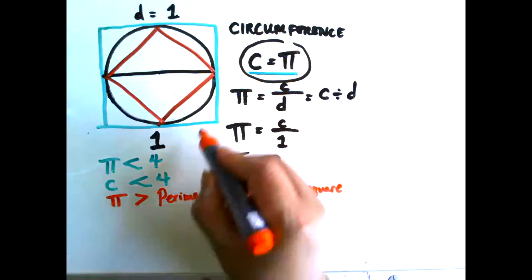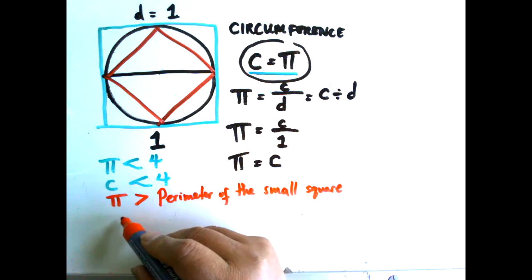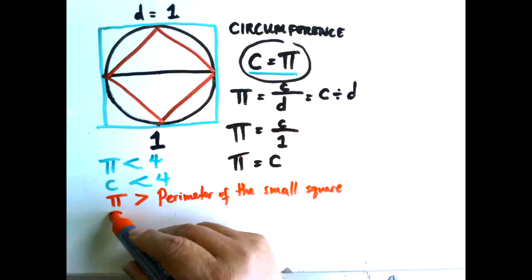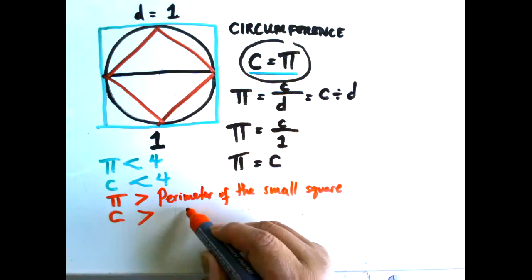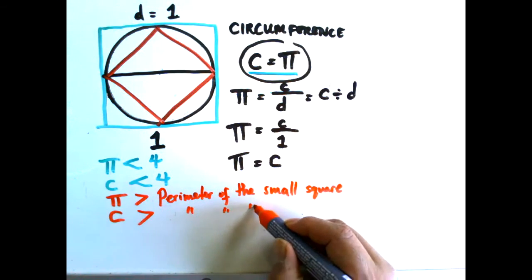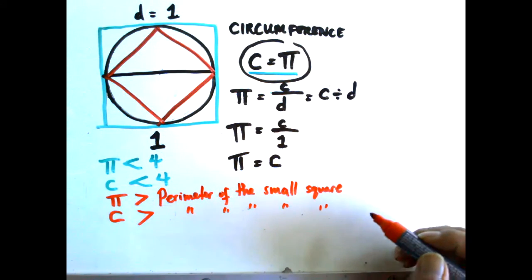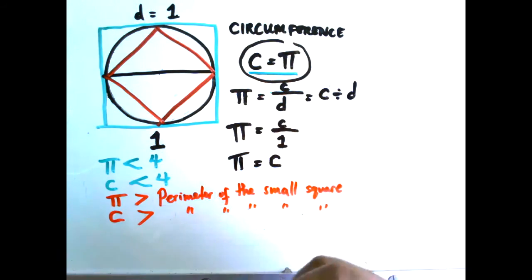And so is the circumference, it is also greater than the perimeter of the small square. I hope this is really clear. And thank you for alerting me on that.